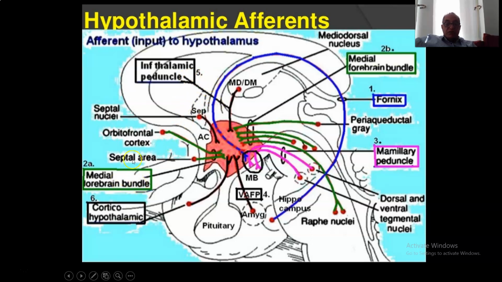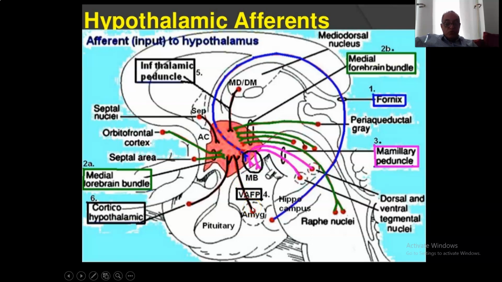It is receiving from the orbitofrontal cortex, the medial forebrain bundle. It is receiving from the mammillary bodies, the tegmentomammillary, and from the thalamus, the thalamomammillary, and that's enough. And it's receiving from the fornix, mammillary region, receiving from the amygdala.